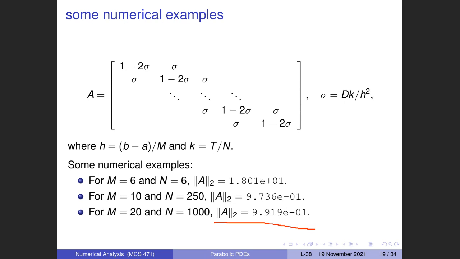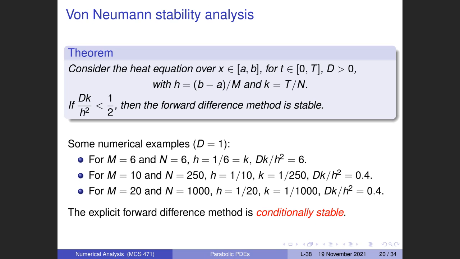All right, so there is a theory behind this. We will not go into the proof, but the condition is on the sigma. So the sigma should be less than 1/2 for the forward difference method to be stable.